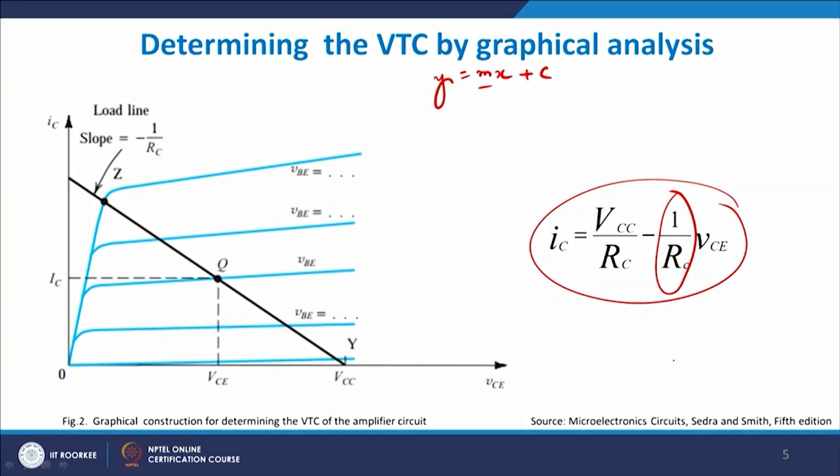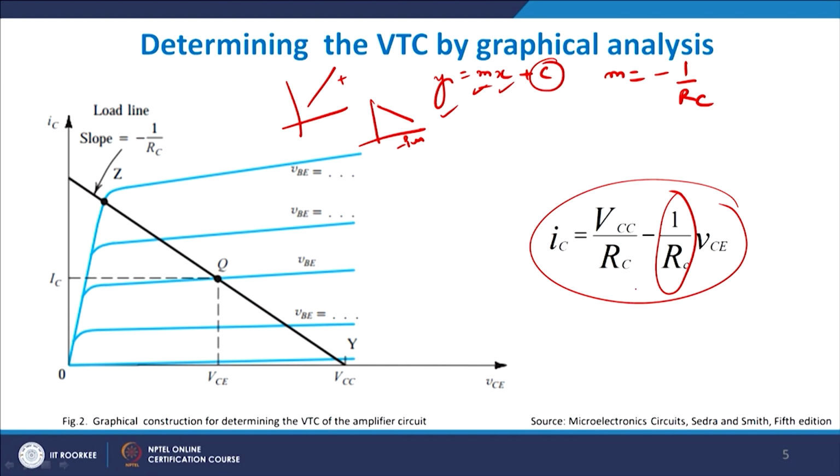If I have something like this, it is a positive slope; if I have something like this, it is a negative slope. Since the line goes in the reverse direction, we get a negative slope, and therefore m is fixed at minus 1 by RC. Now, if you know m, x, and y, I can get the value of c. This is the standard methodology which people used.